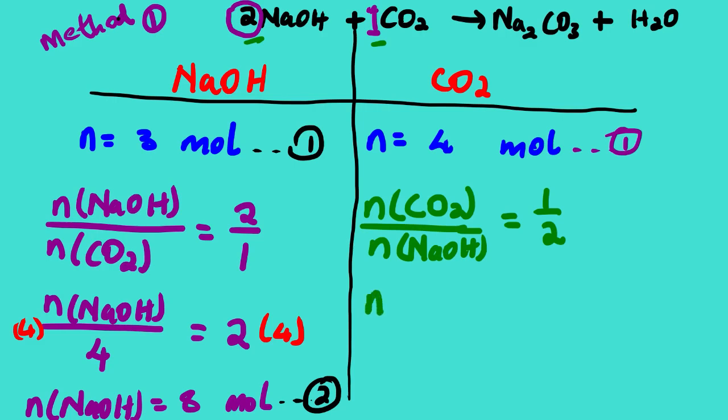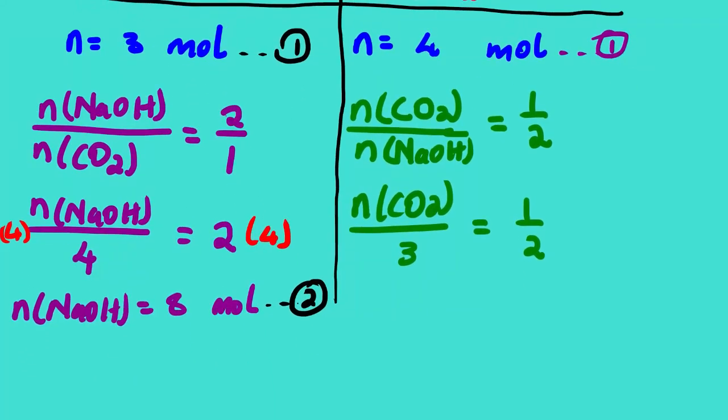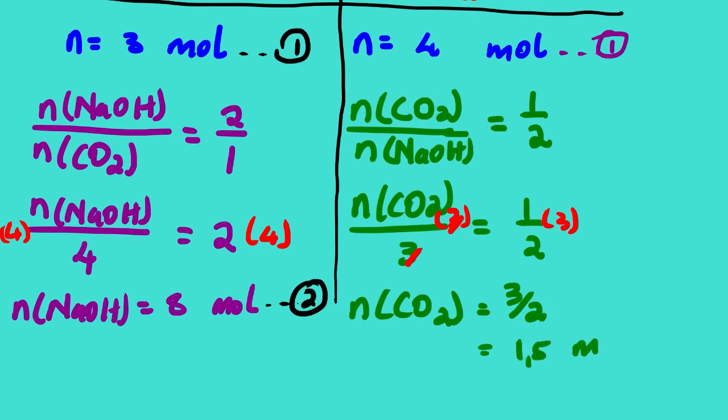Then we have CO2, we divide by this, which is 3, equals to 1 over 2. Then from here, we're going to multiply by the number causing the fraction, in this case is 3, so we multiply by 3 both sides. This will get rid of this, and then we have number of mole of carbon dioxide equals to 3 over 2, which is the same as 1.5 moles.